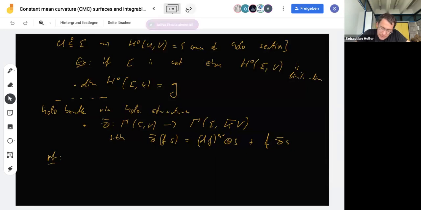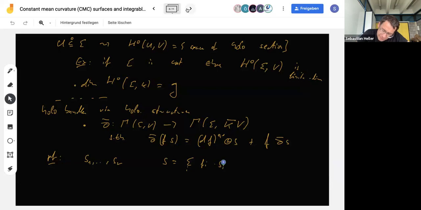If we have local holomorphic trivializations of a bundle, so we have these sections s_1 and so on up to s_r, where r is the rank of the complex vector bundle, then we can write every section, at least locally, as a linear combination of these holomorphic sections, the sum of f_i times s_i.